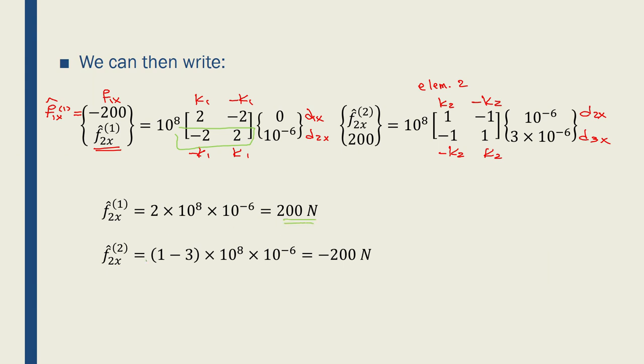And F2x2 is equal to, this row, 1 times 10 to the minus 6 minus 1 times 3 times 10 to the minus 6, would be 1 minus 3 times 10 to the 8 times 10 to the minus 6, is equal to minus 200. So the forces are negative or opposite signs, which means that node 2 is in equilibrium.